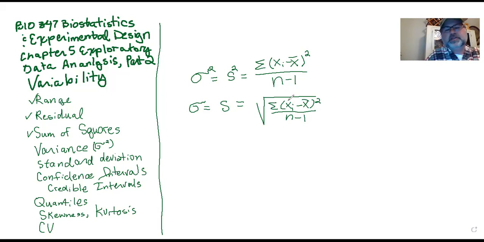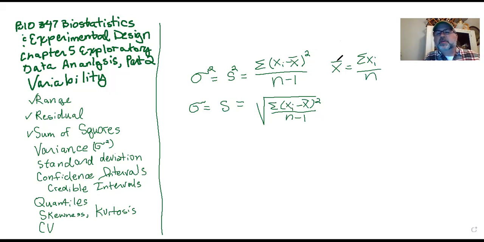So think about what this kind of looks like, right? So if we look at the mean, let's just put the mean up here real quick. How do we calculate the mean? We sum the observations and divide by n. So if you look, these two formulas kind of look the same, right?